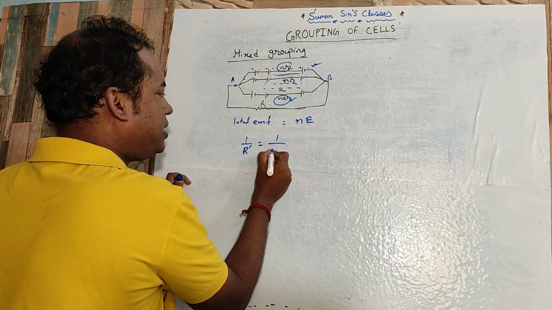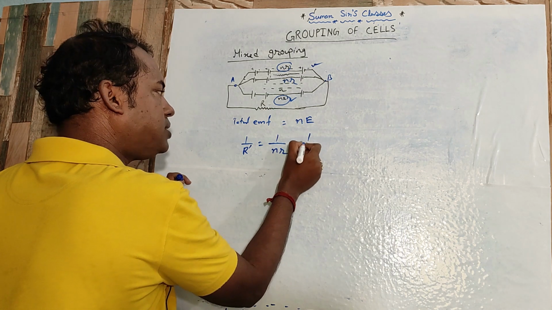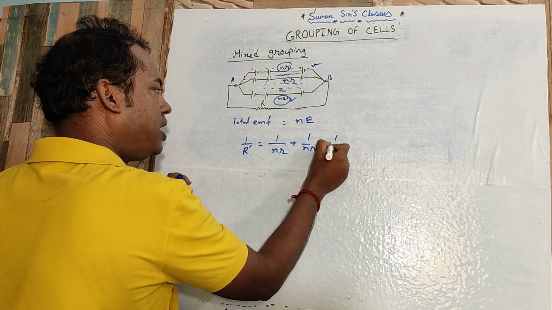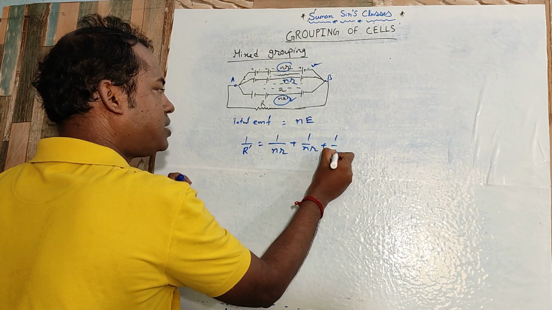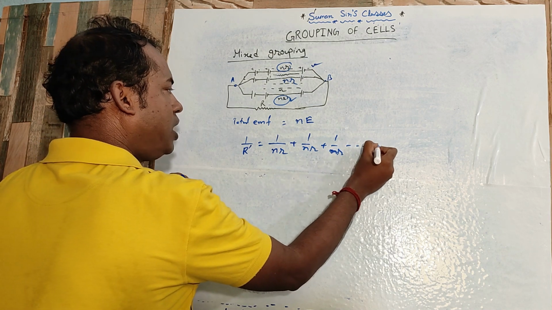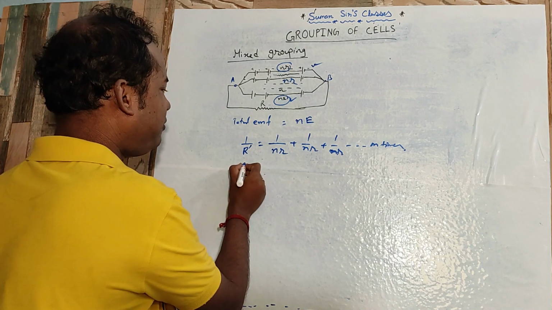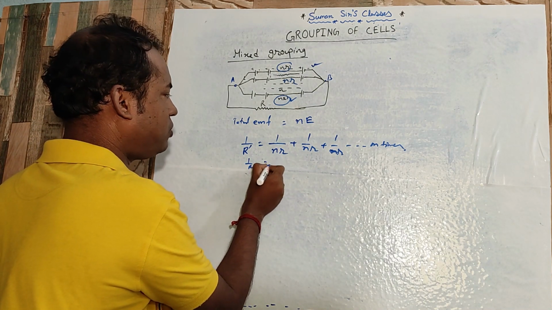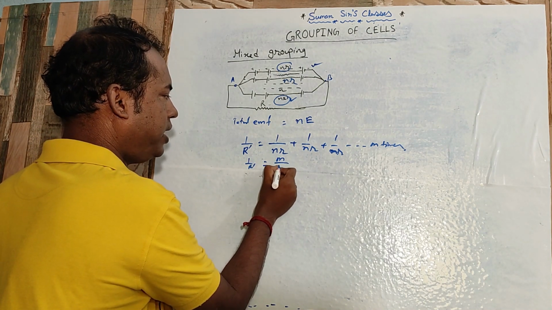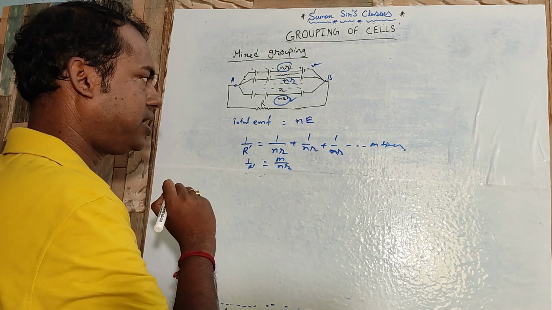So we write nr plus nr plus nr, n times, up to m times. Clear? So 1 by R dash equals m by nr.